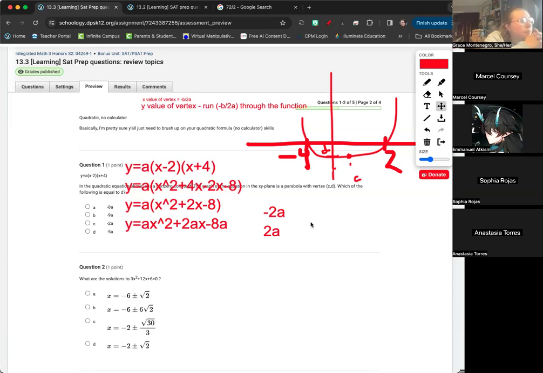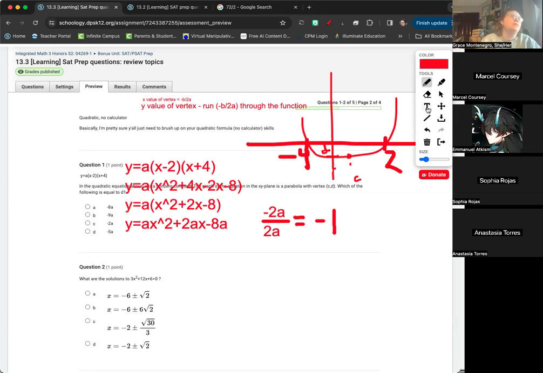Which turns into negative 1, which is making me doubt my method, but I think it's okay. The reason this turns into negative 1 is because these cancel each other out. 2 divided by 2 is 1. A divided by a is 1. And the result is negative, so it's negative 1.